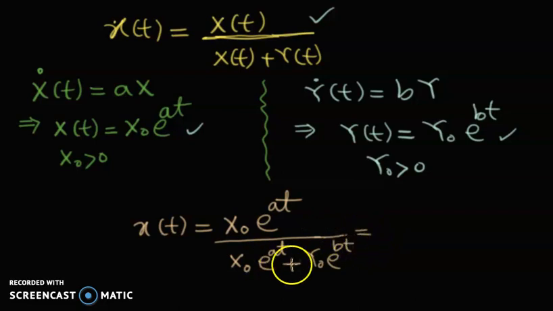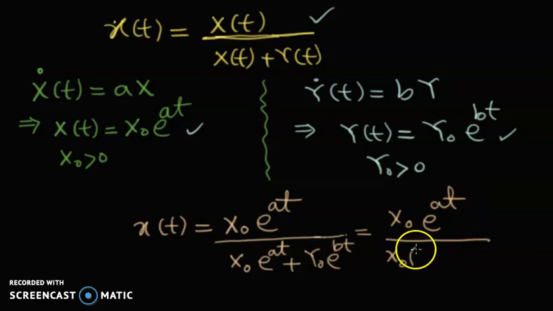You can pull out X naught common in the denominator and you will end up with e to the at plus Y naught divided by X naught e to the bt.